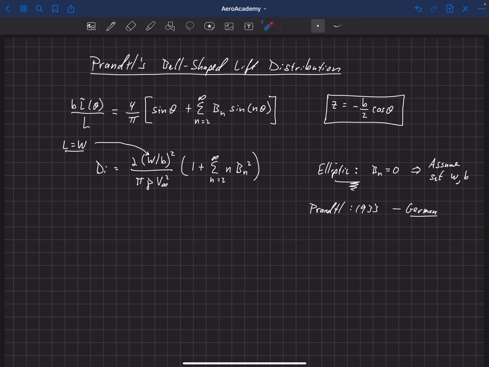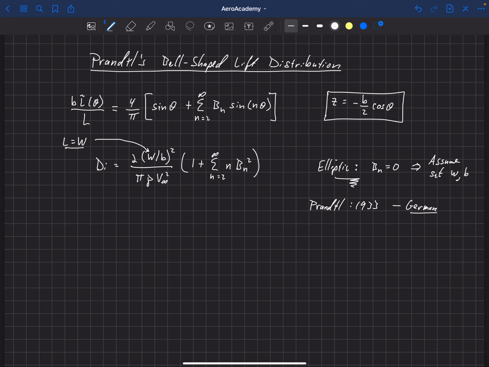Another way to lower the induced drag would obviously be to lower the weight of the aircraft. If we could reduce the weight, that would reduce the induced drag. But again, for a set weight and wingspan, the way to minimize this equation, once W and b are set, is to set these Bn terms to 0, and that gives us the elliptic.